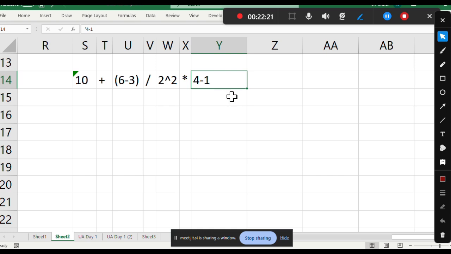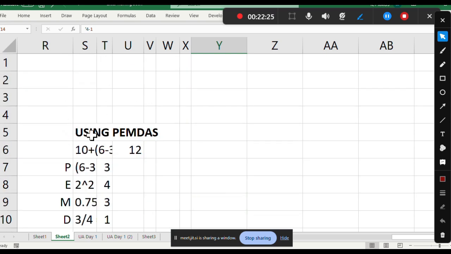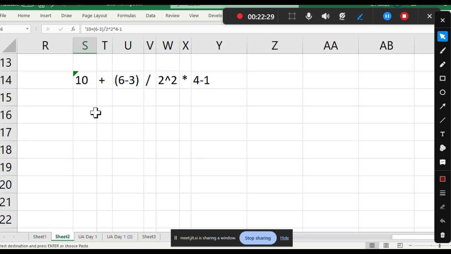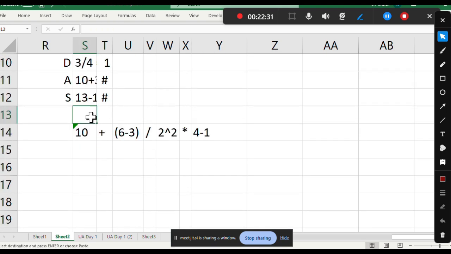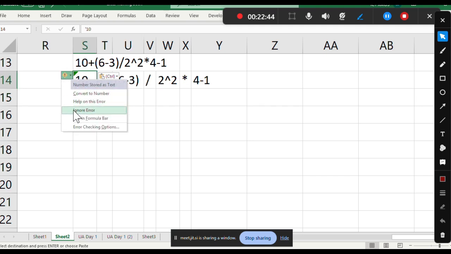Okay, so I just want to get this done in a way that you understand. The same formula is what we are representing here. We can represent it like this. The first thing that will take place is the parenthesis.